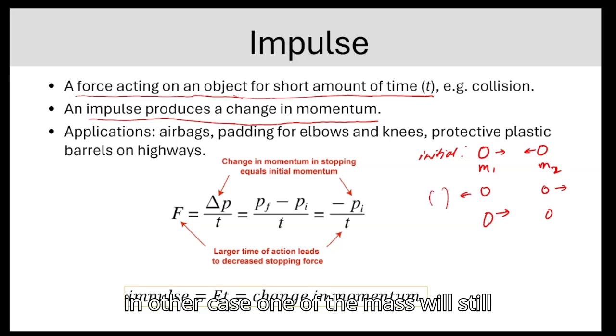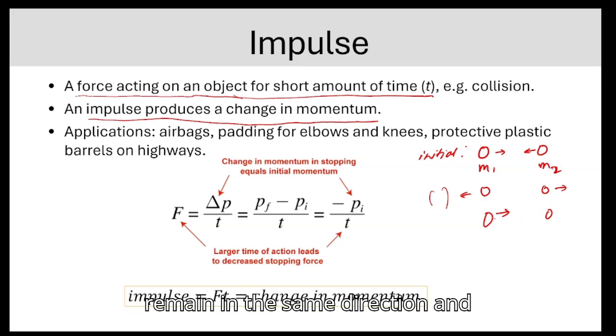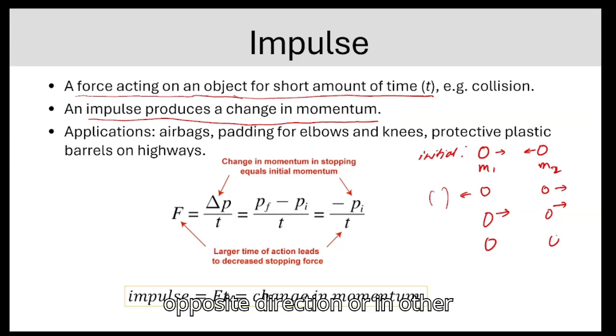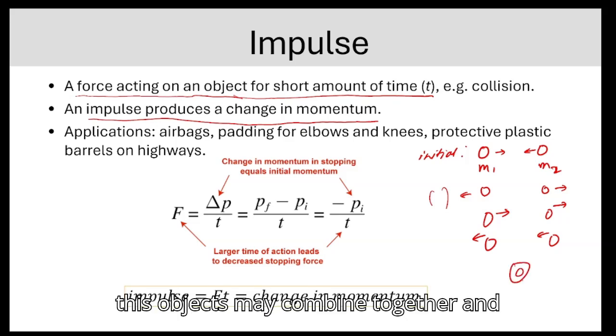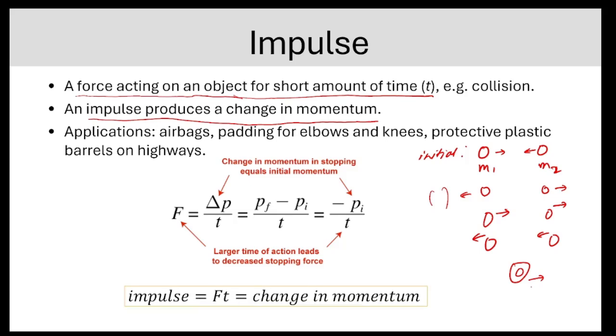In another case, one of the masses will still remain in the same direction, and the other mass may move in the opposite direction. Or in another case, it can be reversed. Or in some cases, like we just looked at before, when there's a collision, these objects may combine together and move as a single mass.